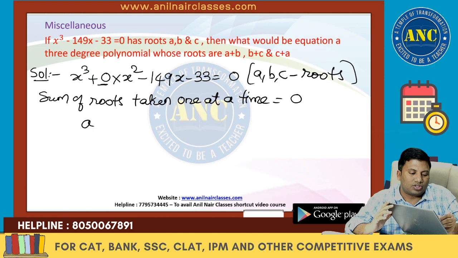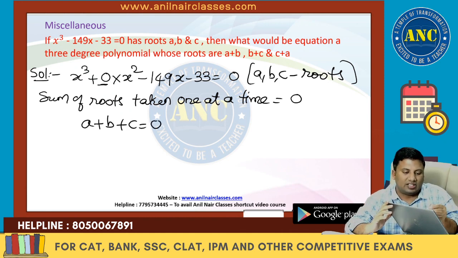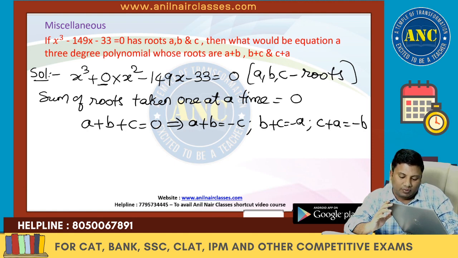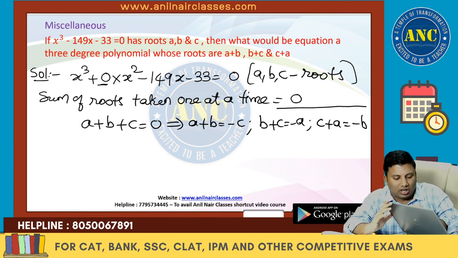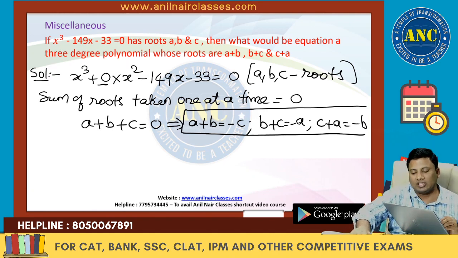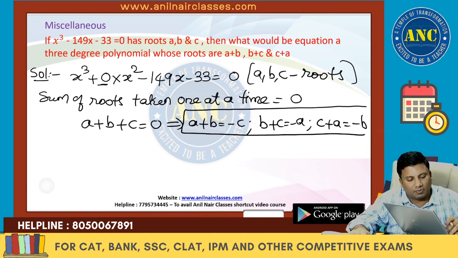Sum of the roots taken one at a time is 0. A plus B plus C is 0. That means A plus B will become minus C, or B plus C will become minus A, or C plus A will become minus B. Okay, this is the root cause of the problem. A plus B is minus C, B plus C is minus A, C plus A is minus B.